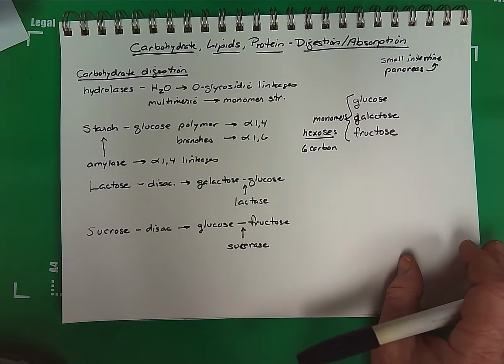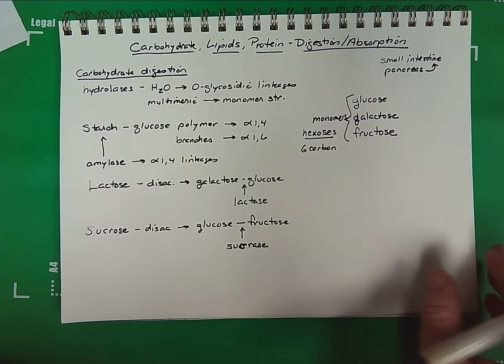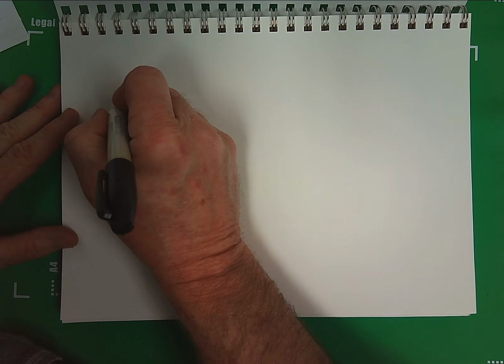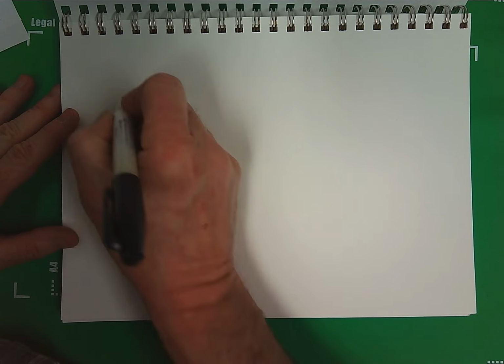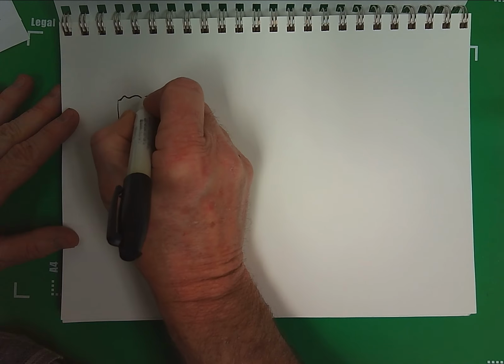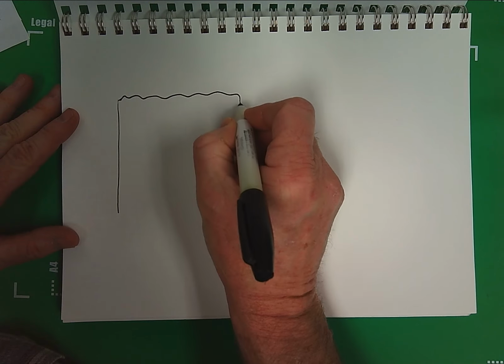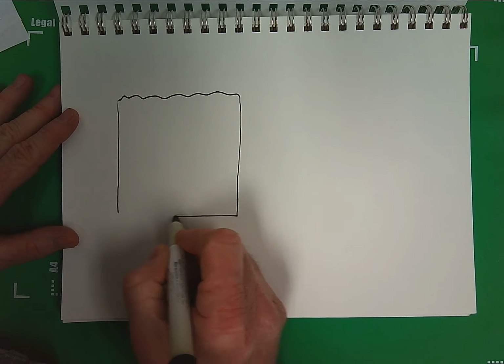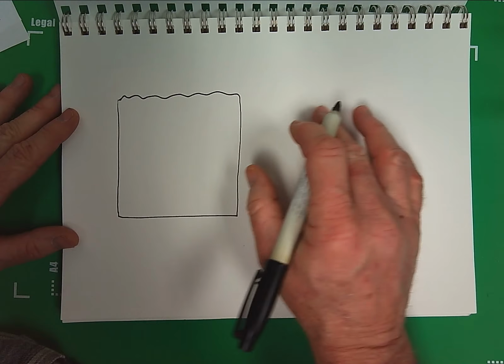Now, let's take a look at how these are absorbed into the body. What we have to consider is the cells that are involved in taking these monomers up are going to be lining the intestinal epithelium.